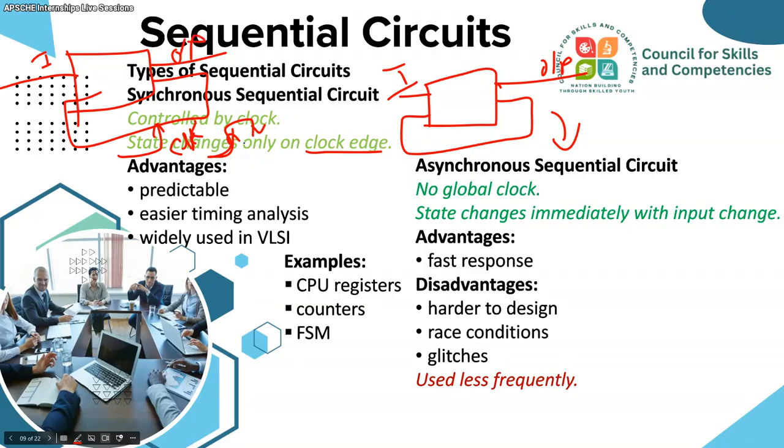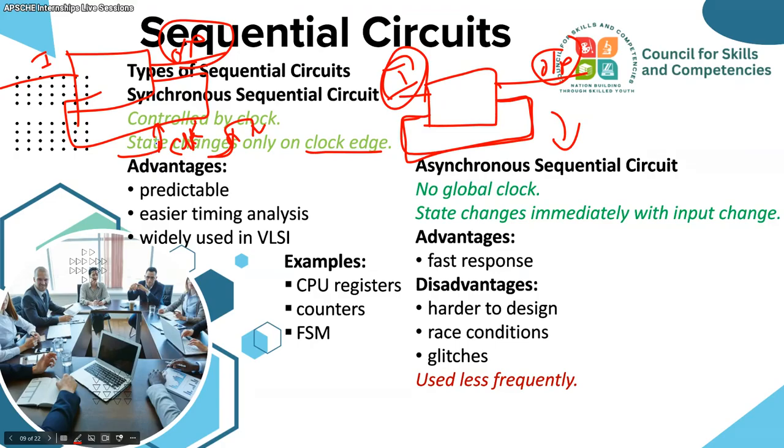So it is controlled by the clock. In the other one, whenever there is a change, it goes and changes, but the change depends on this feedback. Both depend on the feedback, that is for sure. But the output takes effect only on the clock edge here, whenever the input changes.